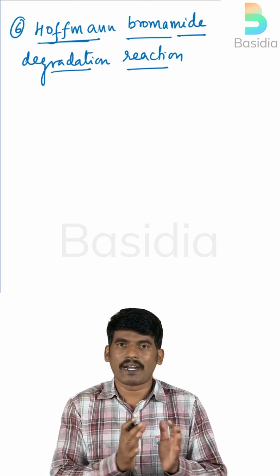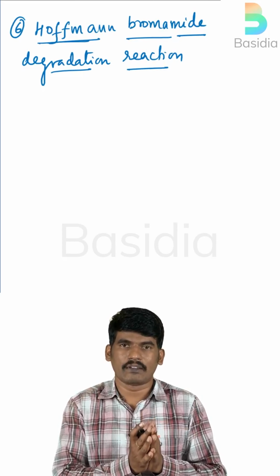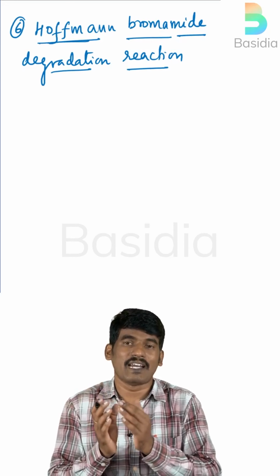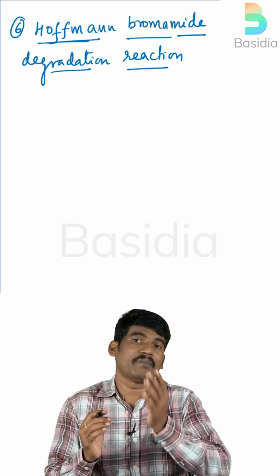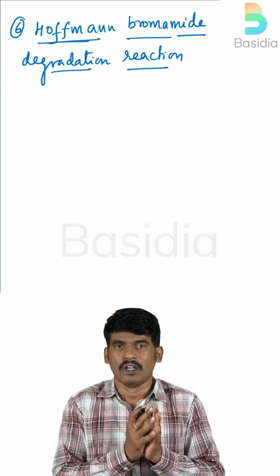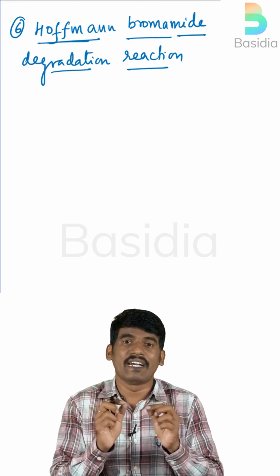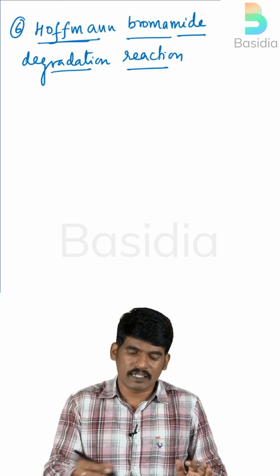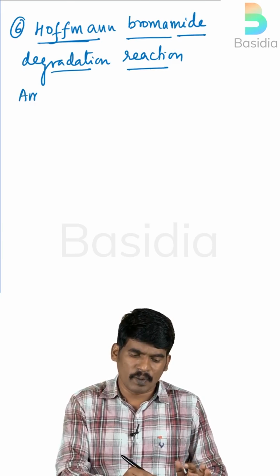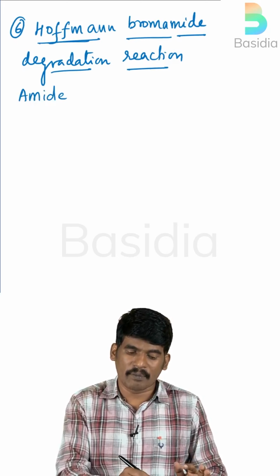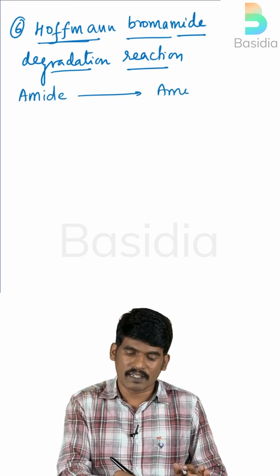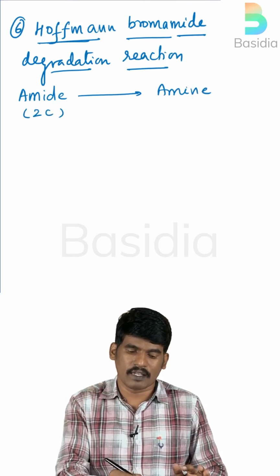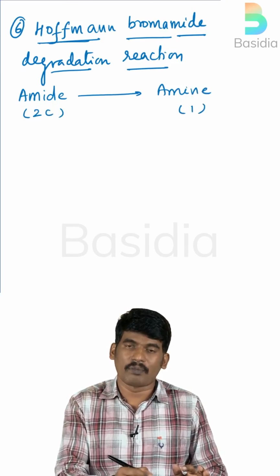Degradation: the parent compound we are taking gives a product that has a smaller number of carbon atoms than the parent compound. That's why the reaction is called degradation. Carbon number decreases. It is a good preparation method for preparing amines from amides. For suppose if the amide is of 2 carbons, let us say, you will get a one-carbon amine.